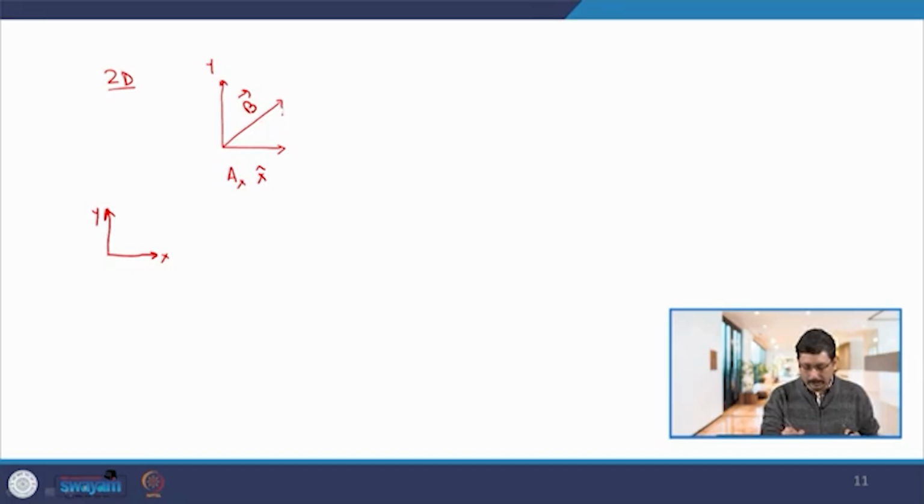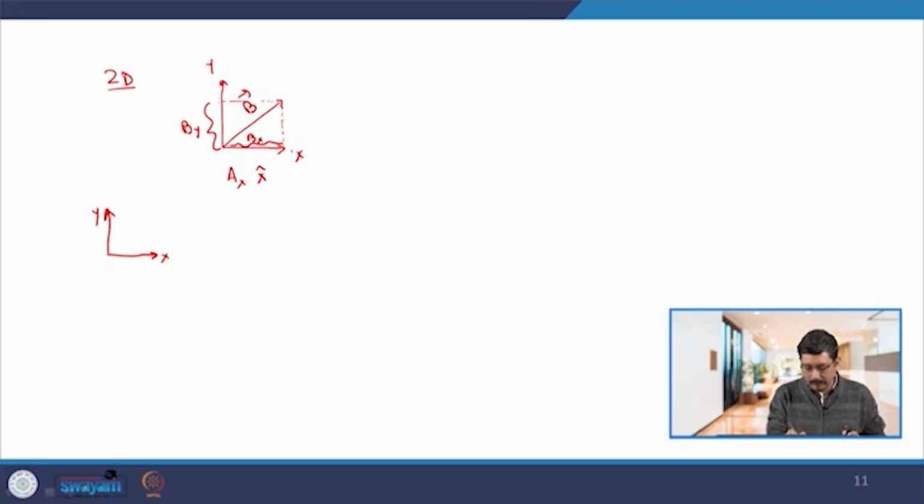If you drop a perpendicular on the x axis and drop a perpendicular on the y axis, this piece represents the component of B along the y axis and this piece represents the component of B along the x axis.